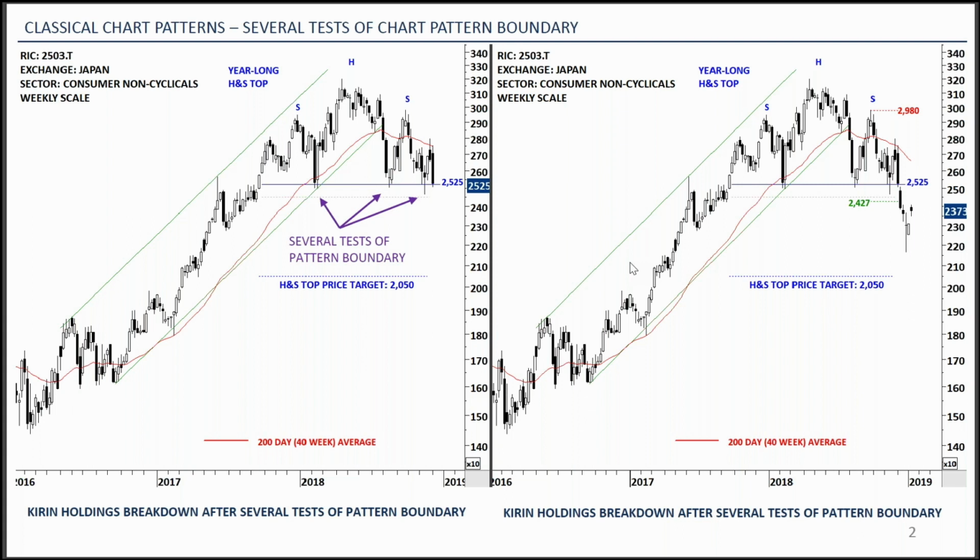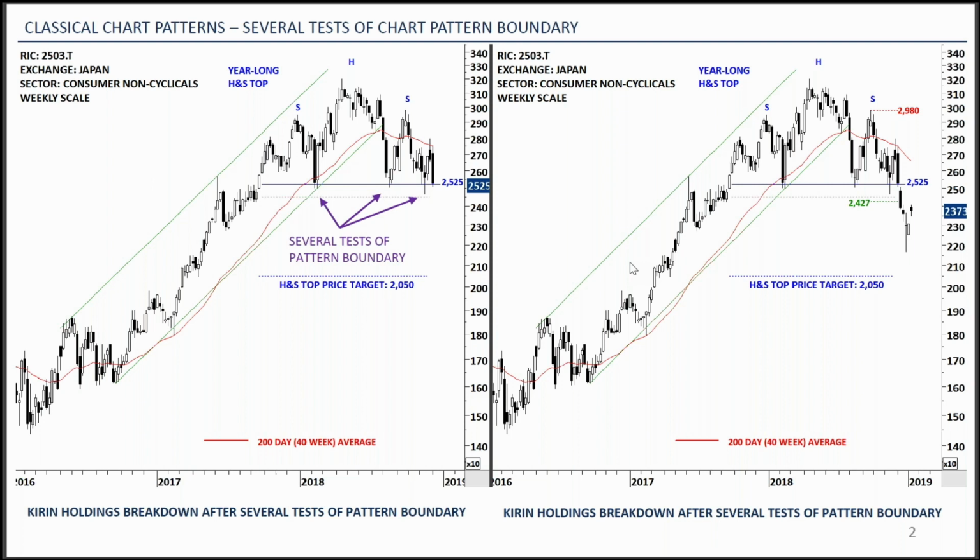So the next couple of slides will cover some of the features that I like to see on price charts, especially on the weekly and daily scale price charts. So let's start with the concept of several tests of chart pattern boundary. What do I mean by that? This will be a quick 4 slides introduction, so we can continue with the following slides with this framework in place.